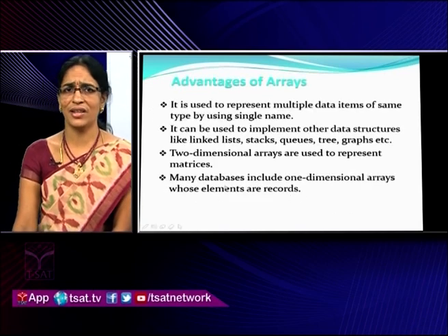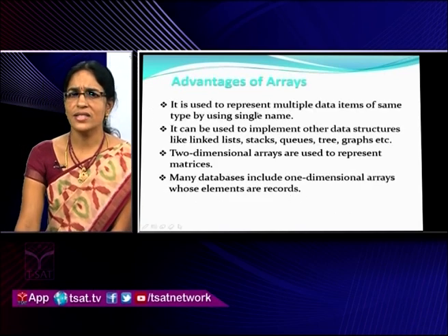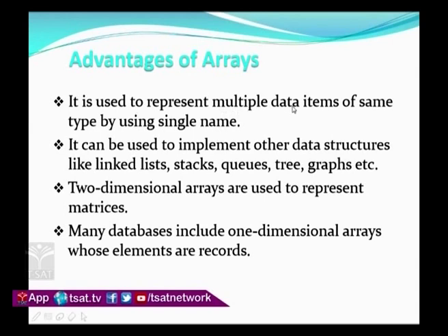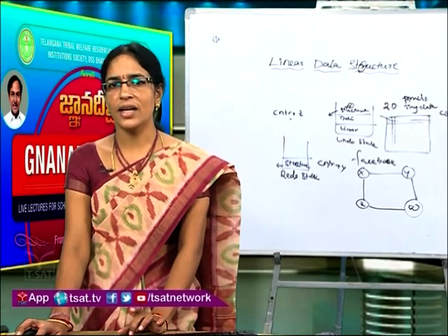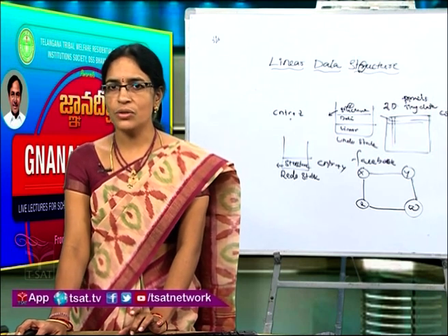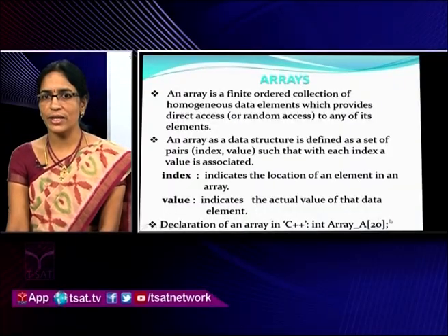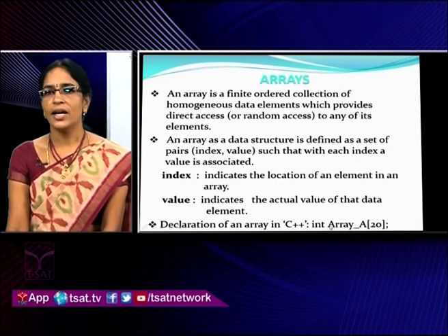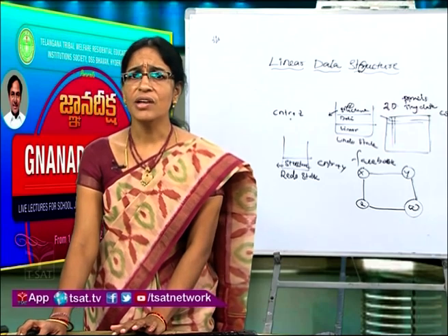These are the advantages of arrays. These arrays are used to represent multiple data items of the same type by using a single name. In the previous case, here array of A is some variable name, and using this single name we store 20 integer type elements.